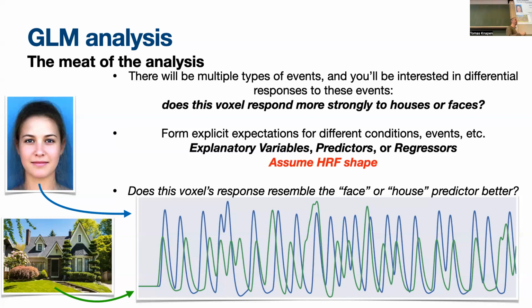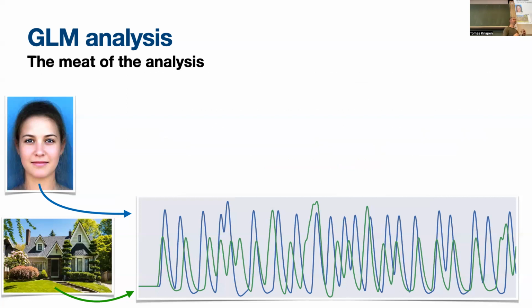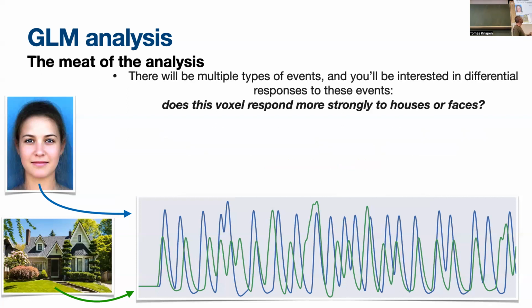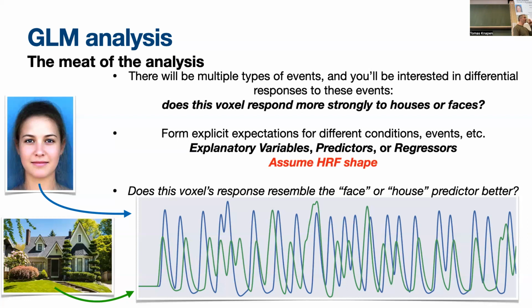Just want to clarify something from what you said. If I'm understanding you correctly, you're saying the assumption is always that you get the same signal, but at different points in time, corresponding to the different objects that you're showing? Yeah, to be clear, I showed you a house blob and a face blob in the brain.